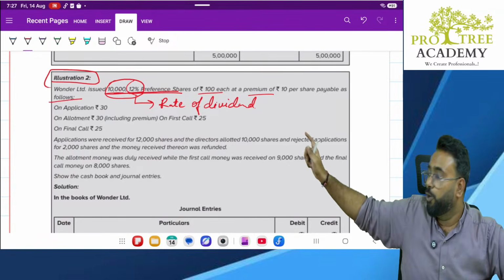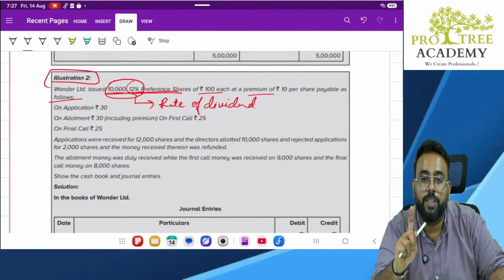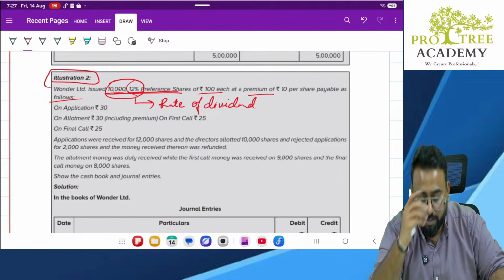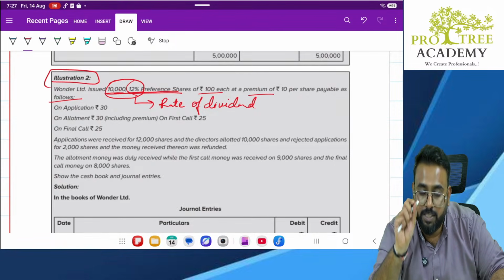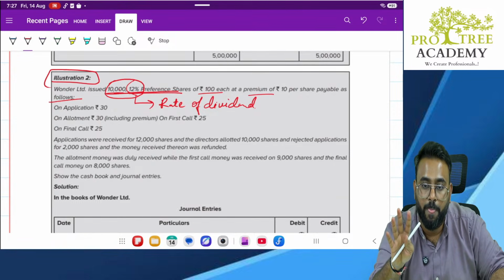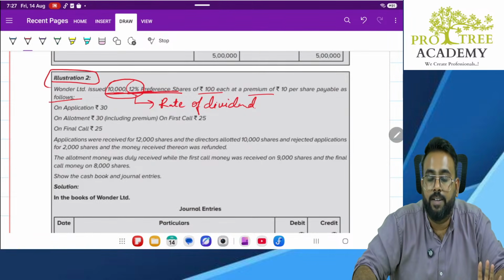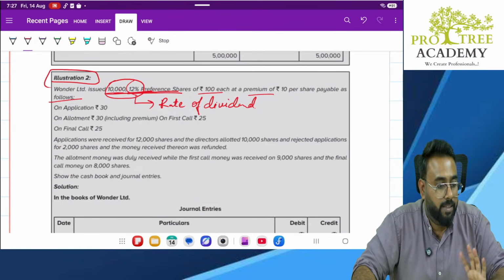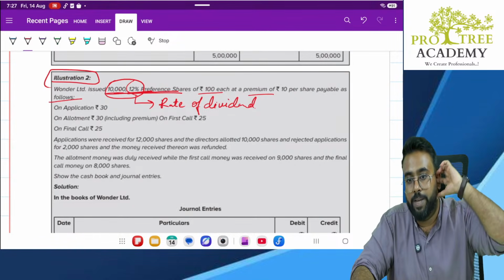That is why I told you preference shareholders will never become owners of the company. That is why they are called as liability. This was particularly highlighted by me. Clear? So they get a fixed dividend, and there is a time limitation within which the company has to repay them.